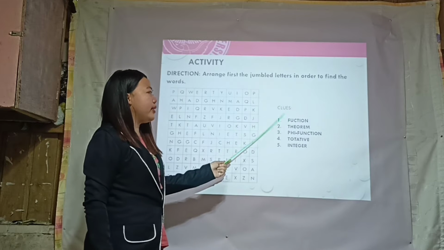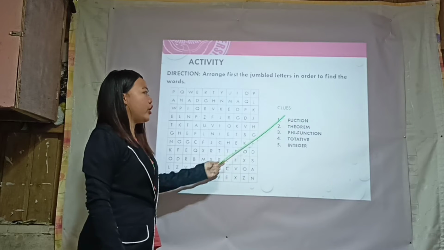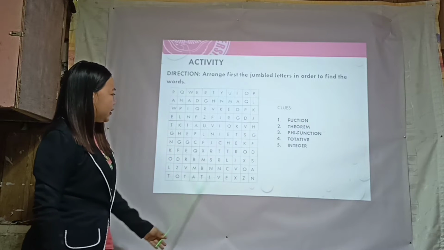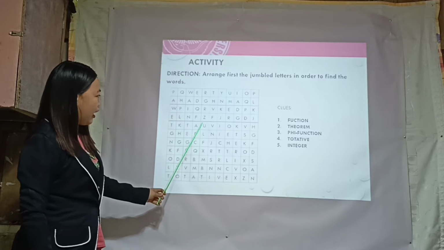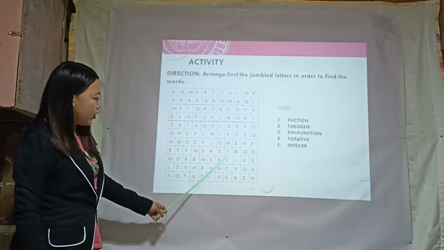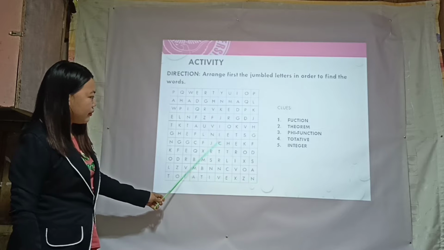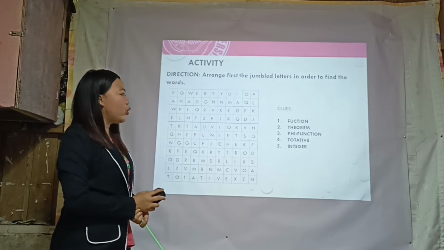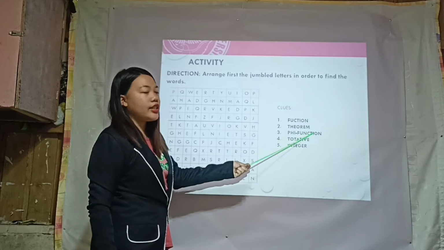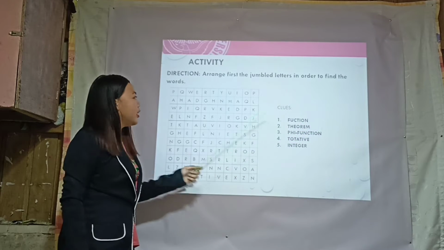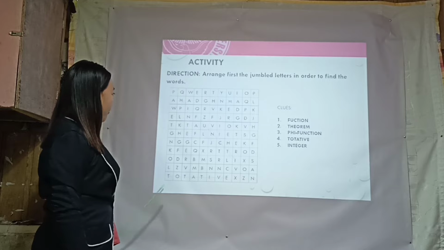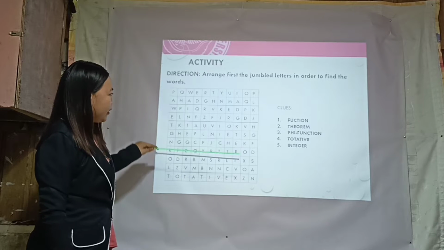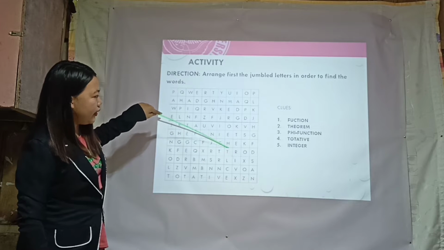So number 1, it is function. So in the box, this would be the function. So number 2, it is theorem. So the theorem will be in here, going up.